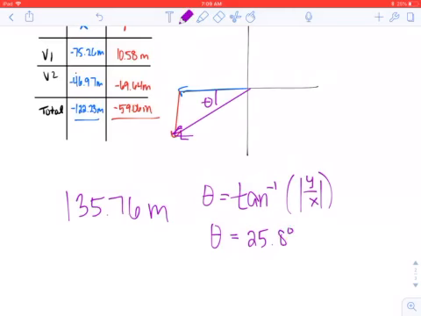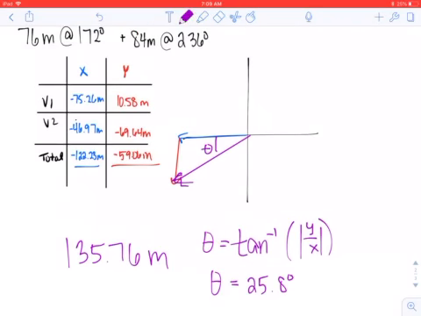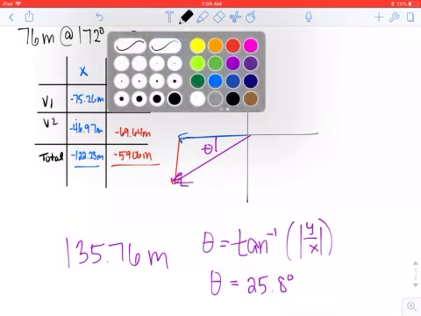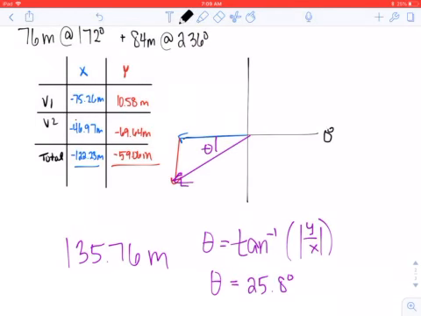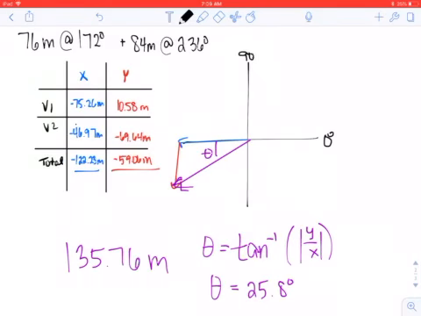25.8 degrees. The issue comes because of our conventions. We've decided that this direction is 0, this direction's 90, this direction's 180, and this direction's 270. So my angle needs to be somewhere between 180 and 270. It's not. So I have to start at 0.